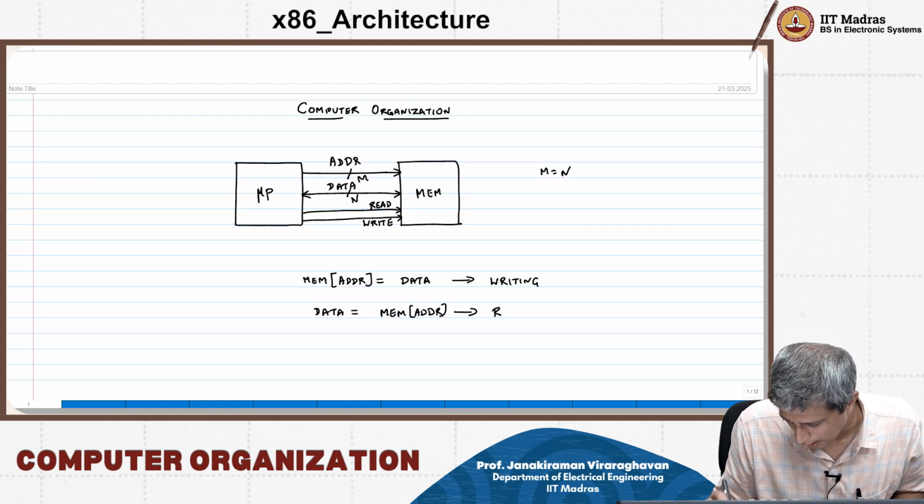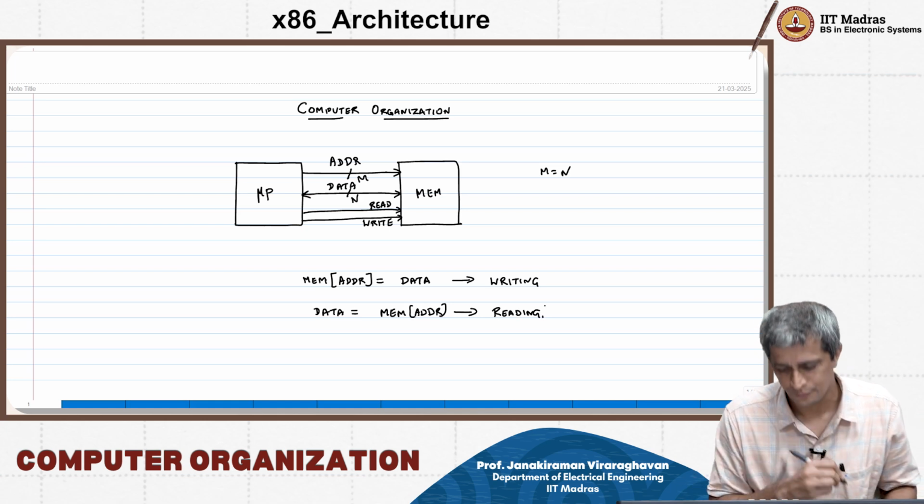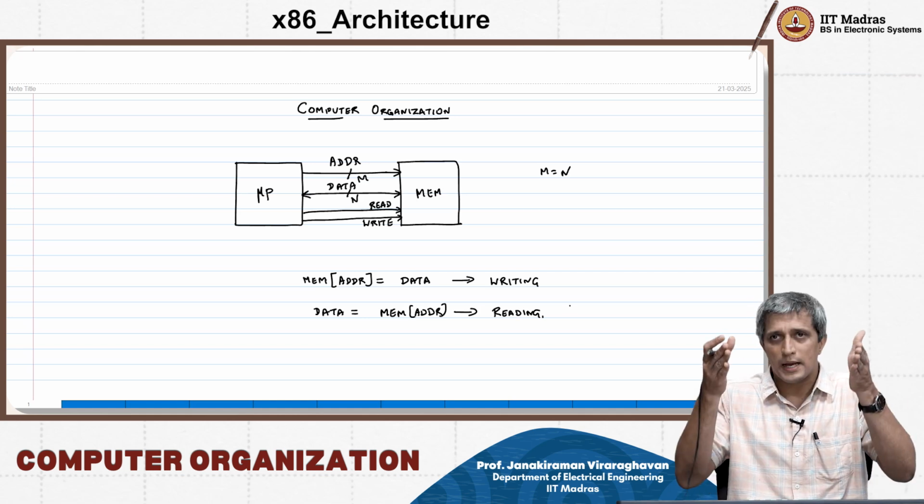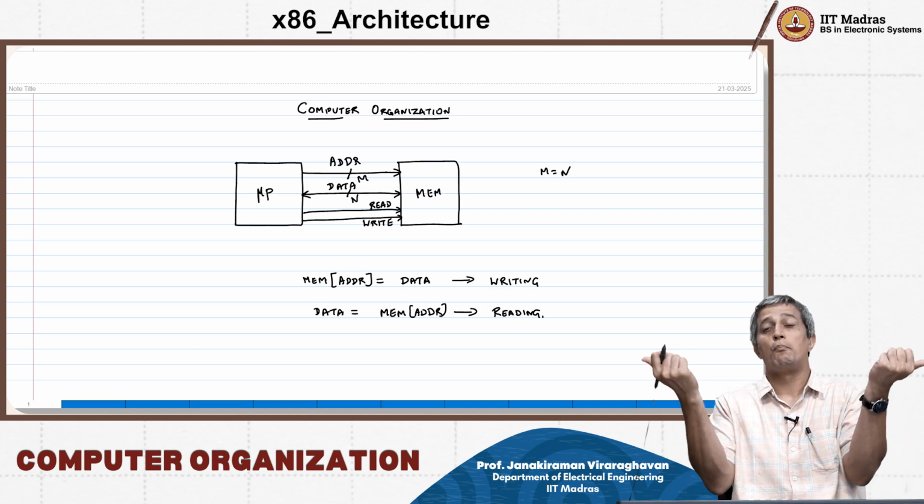This is called reading. And essentially that's why the data n bits that we saw here is of bidirectional nature.